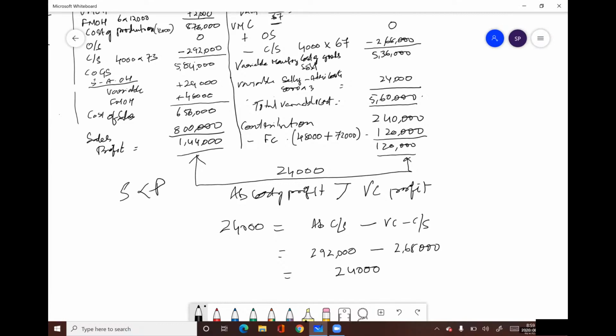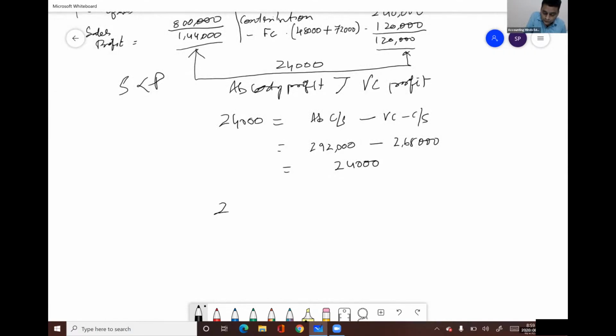Now, what is the difference? The difference is 24,000. How many closing stock units are there? 4,000, into the fixed manufacturing overhead rate.